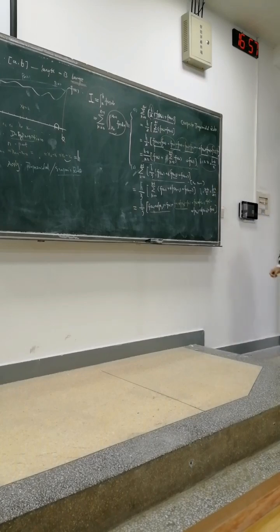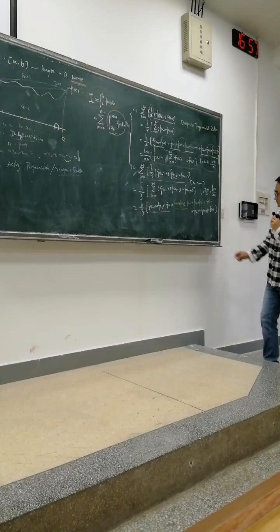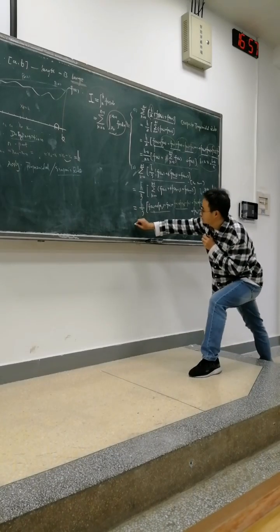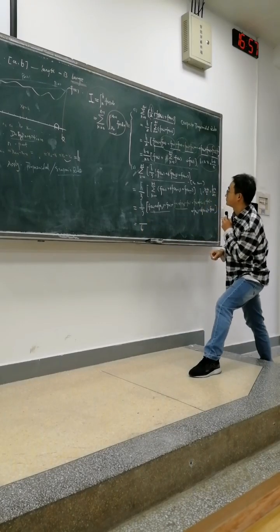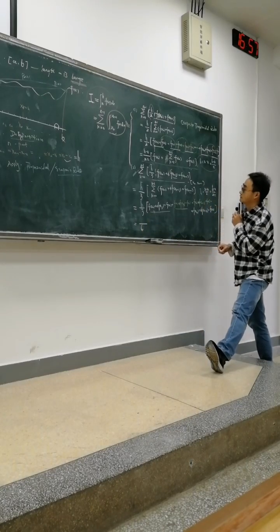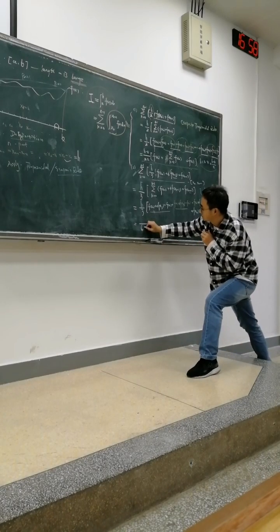Like this one. So we substitute this h bar to here. There should be a 6 in b minus a.